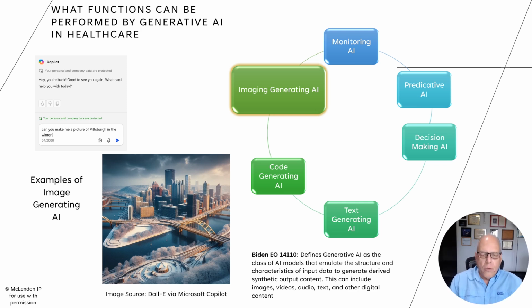This can include images, videos, audio, text, and other digital content. That's what it puts out. You typically input through the use of a prompt, which is what you see again over on the left.